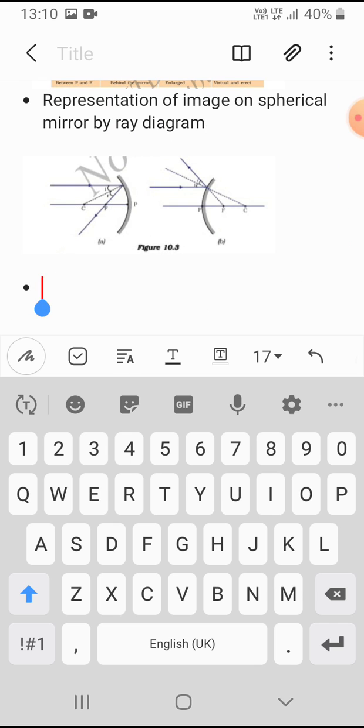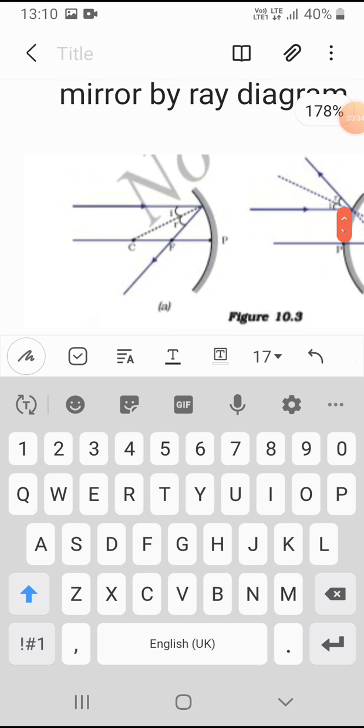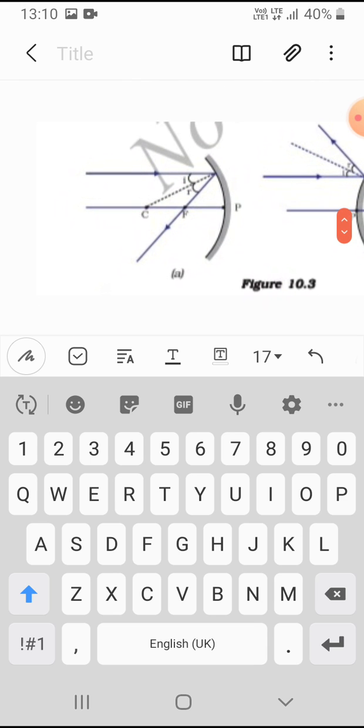In A it is showing a concave mirror. So a ray of light is coming from an object, and it is hitting the concave mirror, and it is getting reflected and passing through the focal point, or the principal focus.